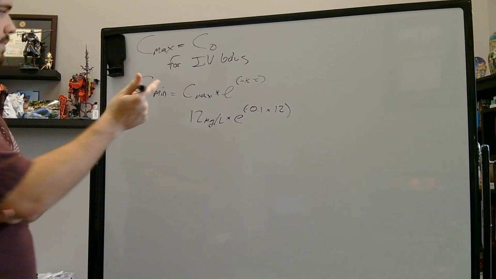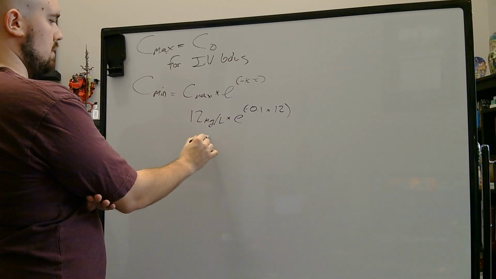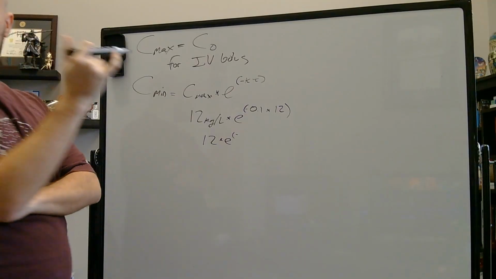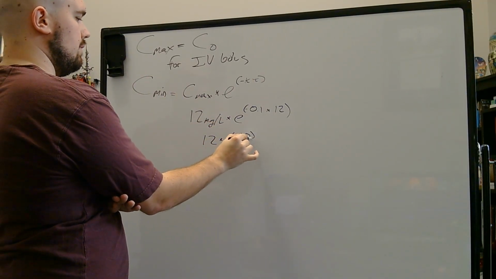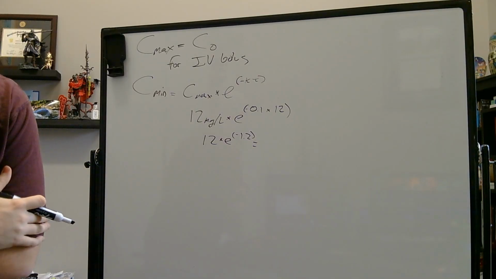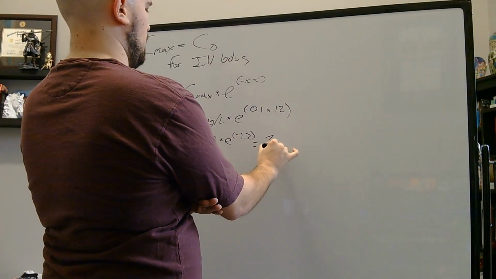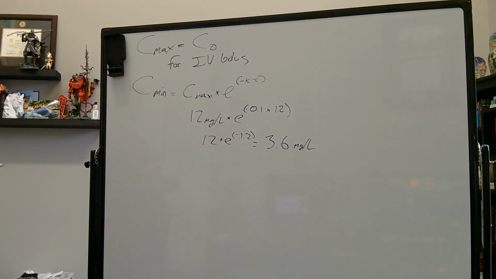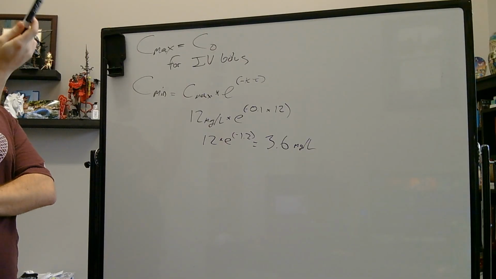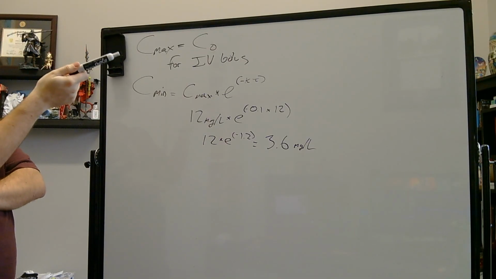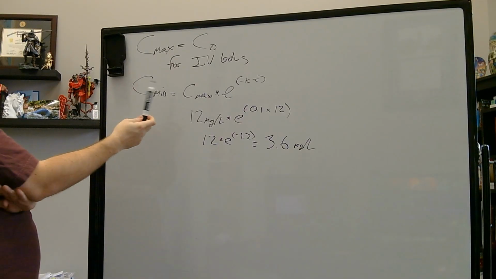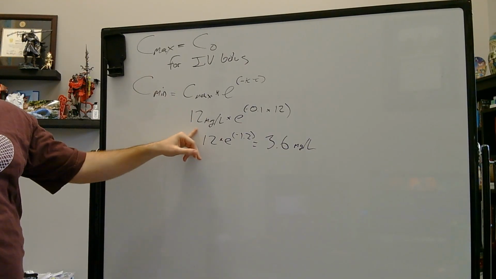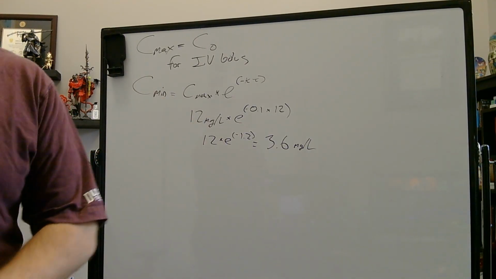So you plug all this in: 12 multiplied by e to the negative 1.2, and that gives you a value of 3.6 milligrams per liter. So you can mathematically, through elimination rate constant and dosing interval, determine the minimum concentration of a medication if you know its Cmax.